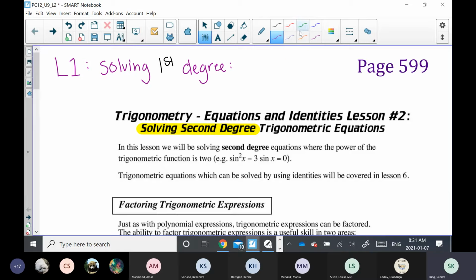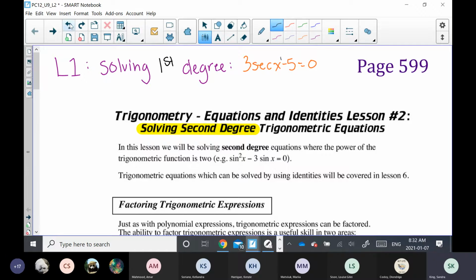An example that we did yesterday that's a first degree was 3 secant x minus 5 is equal to 0. This is a first degree trig ratio, and the reason why we call this a first degree trig equation is because the degree on the x is a degree 1.